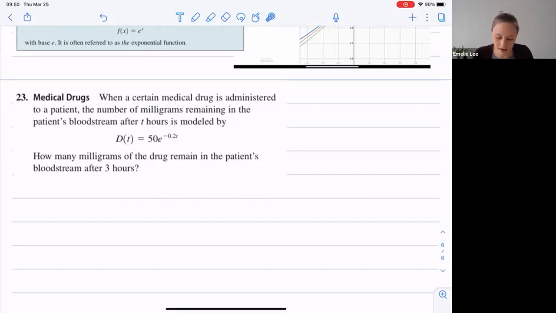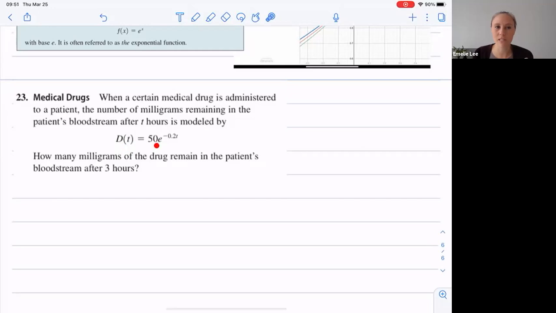They're just going to have different models, right? So it's going to be modeled by, sorry, must be the end of the week, I'm kind of losing my voice here. So D of T is just going to be the number of milligrams remaining. I don't know why it's D of T, but it is.